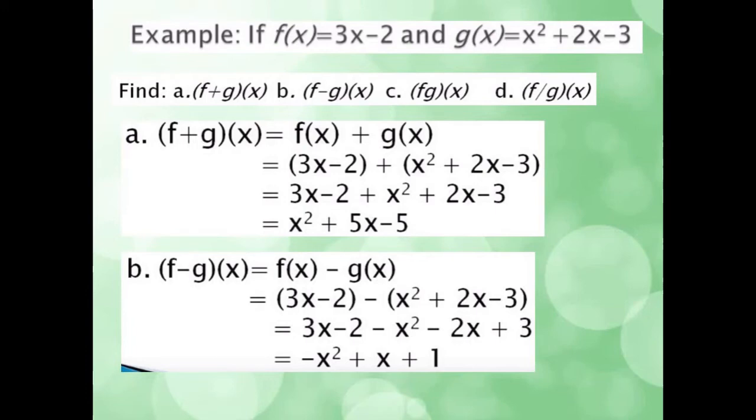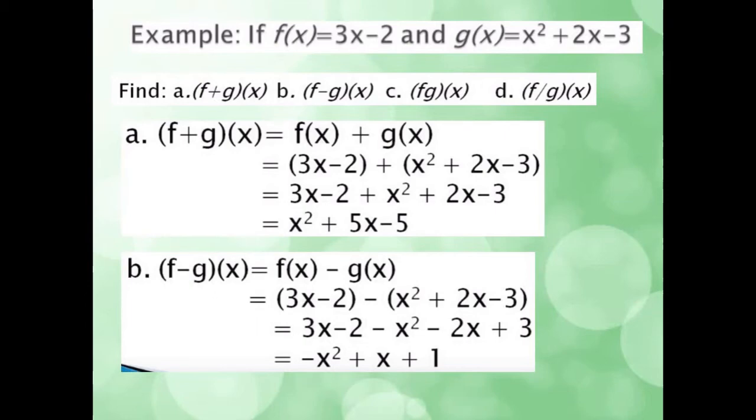Then by regrouping, we put first negative x squared. Then 3x minus 2x is positive x. Then negative 2 plus 3 is positive 1. So negative x squared plus x plus 1.